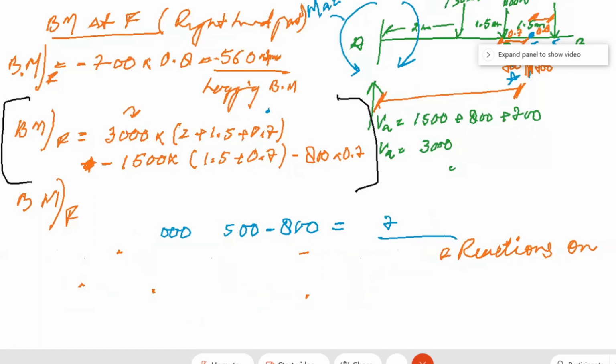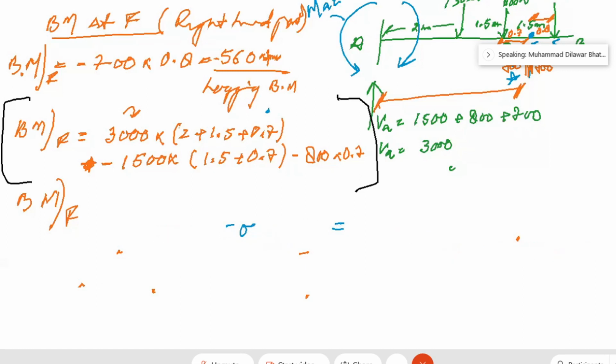Quickly tell me what is it? Sahil, are you able to understand what is missing in this equation in order to calculate the bending moment towards the left of F?